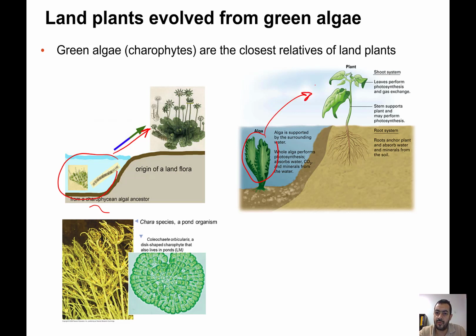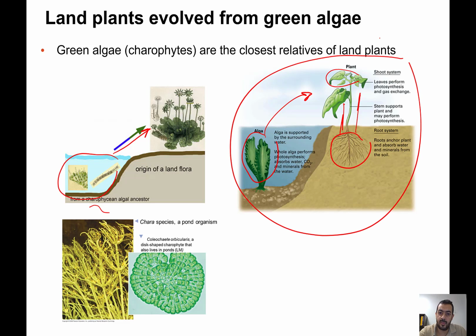Once they moved to the land, they had to evolve the different structures and the transport system, and the different adaptations, like the cuticle, like the stomata, like having seeds, and later on having also pollen grains for dispersal in areas where water is not available, and all of that. So please link this picture with all the previous adaptations. It will make more sense.